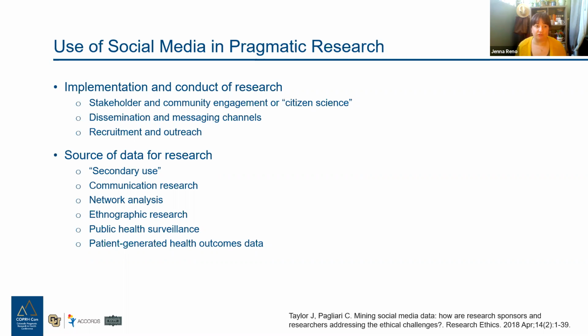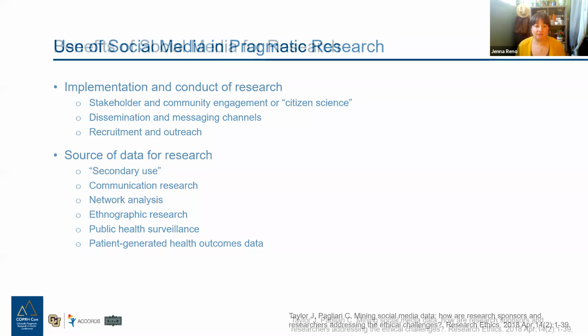We can do different types of public health surveillance to see how people are communicating about their health behaviors, or, as we've seen a lot in this past year, what people think about different public health strategies and whether or not they will go along with them. If they're a pro-masker or an anti-masker. And we can also find patient-generated health outcomes data where people are discussing their own health statuses.